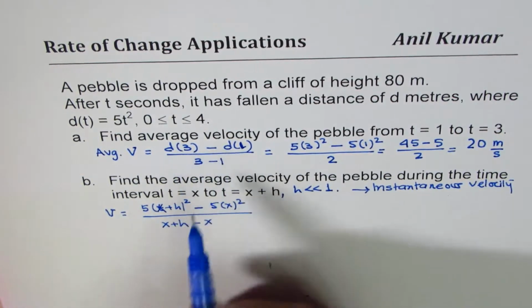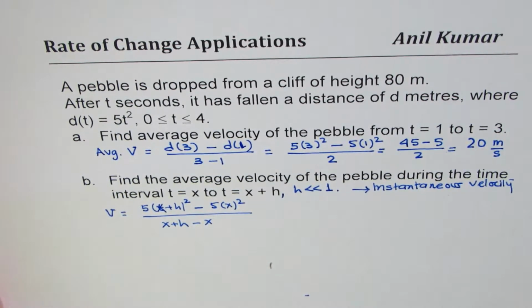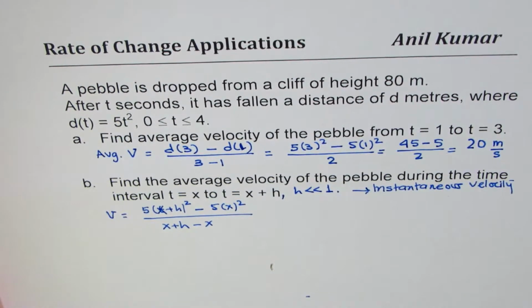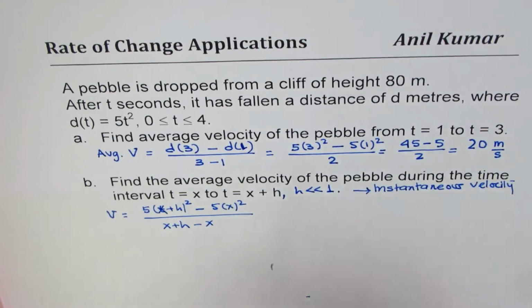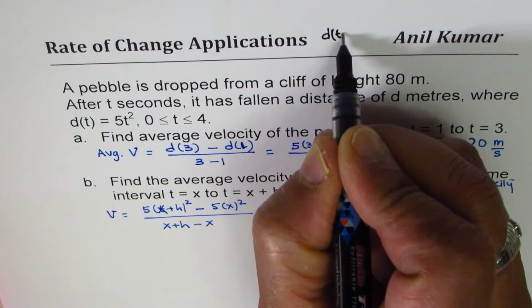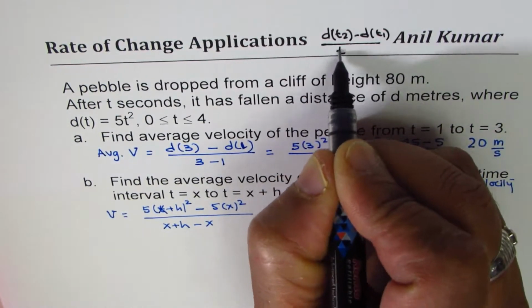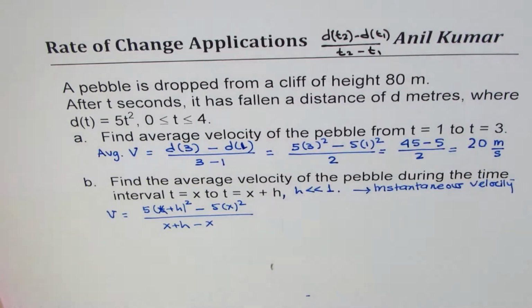So we have applied the same formula. For average velocity, the formula is, let me write the formula on the top itself. Since we are saying d is our function, so we are saying d of t2 minus d of t1 divided by t2 minus t1. Is it okay? That's the formula which we are using.